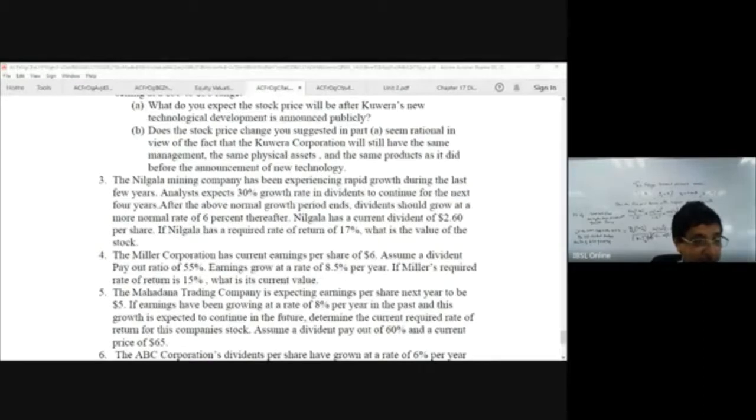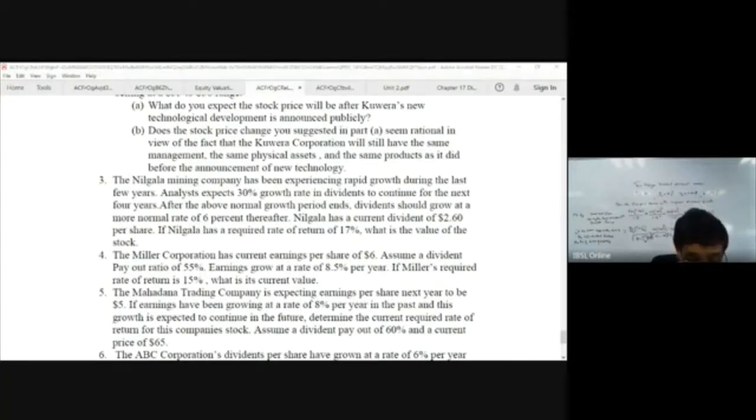Now that formula is D0 into 1 plus g divided by k minus g. But here D0 would become D4, not D0, because at the end of the fourth period it happens. So it is D4. When you say D4, what is the value? 260 into 1.3 to the power 4. That would be D4, that is 743 or something.